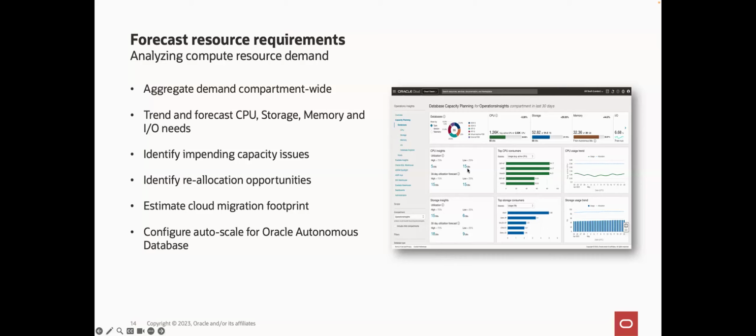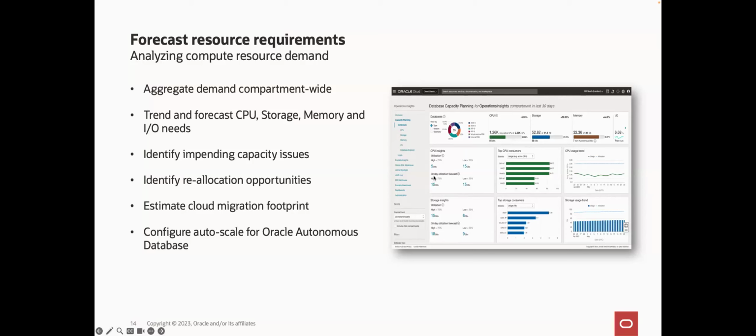Similarly, you have 15 databases which are lowly utilized, right? You can filter down by top consumers from a CPU perspective, let's say, the top consumer databases per average active CPU. You can also look at your aggregate CPU usage trend over time for the last 30 days. Similar insights you can get across storage, memory, and I/O.